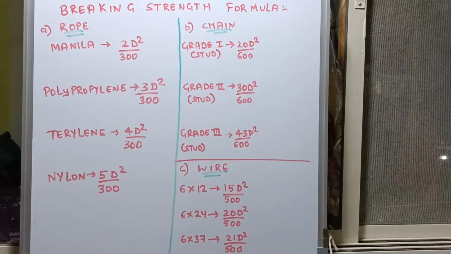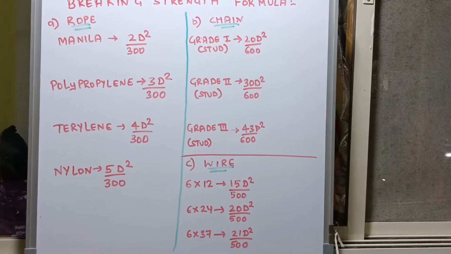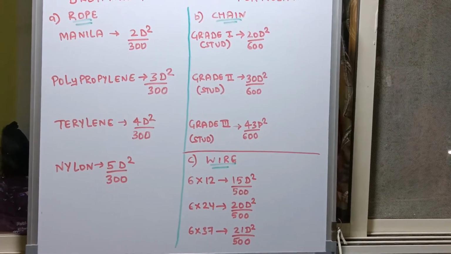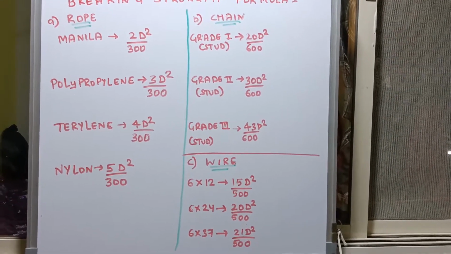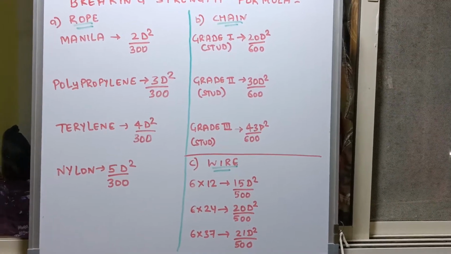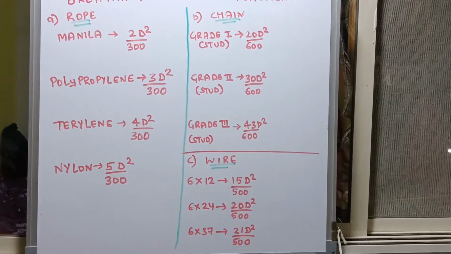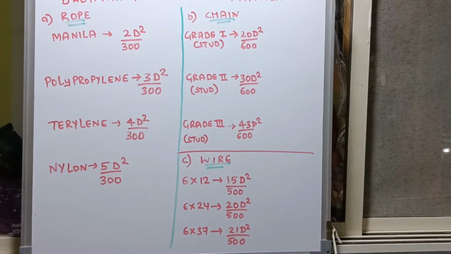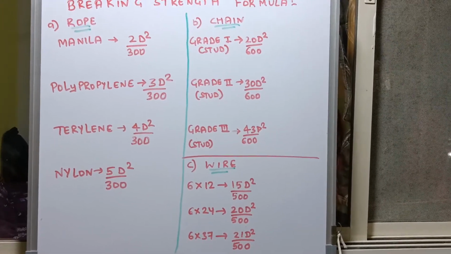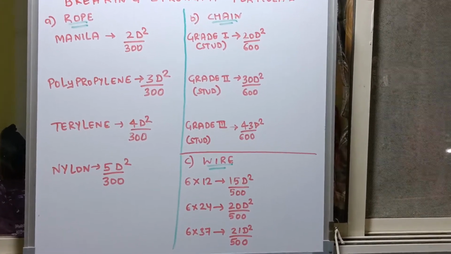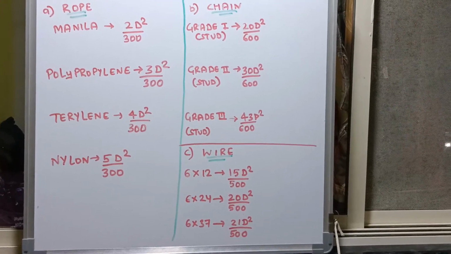The chain is categorized into three: grade 1, grade 2, grade 3. Grade 1 stud, 20d square by 600. Grade 2 stud, 30d square by 600. Grade 3 stud, 43d square by 600.